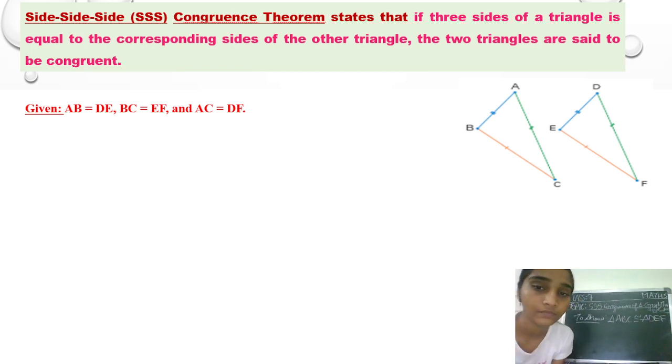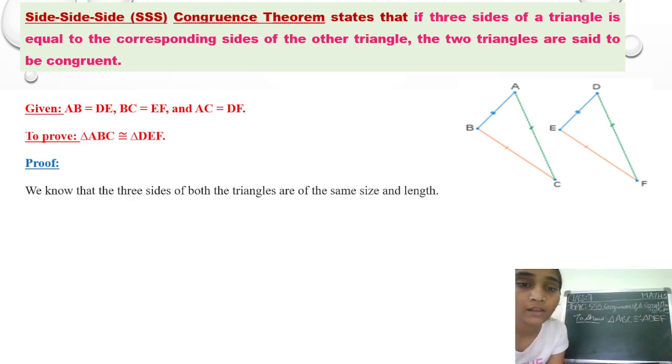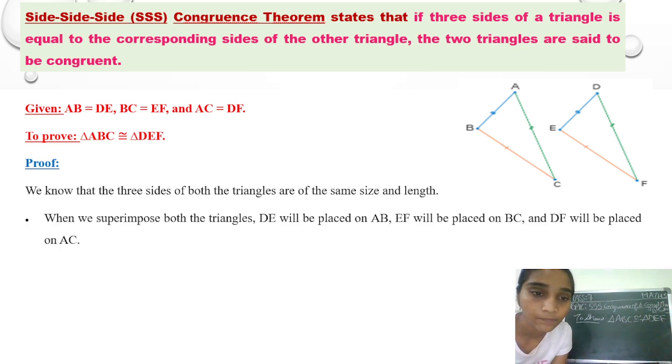Okay. Now, in order to prove it, students, first of all, what will we be doing? Yes, since the sides are corresponding sides of the other triangle, we can use the corresponding parts which we have already discussed in our last class. Okay. So we know that the three sides of both the triangles are of the same length.